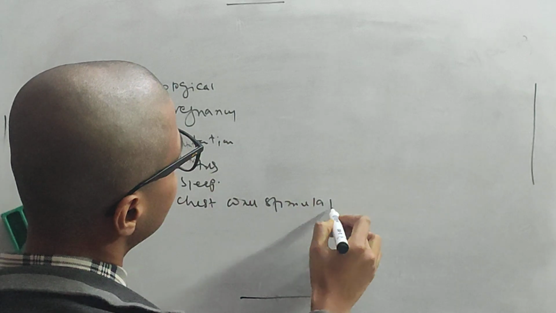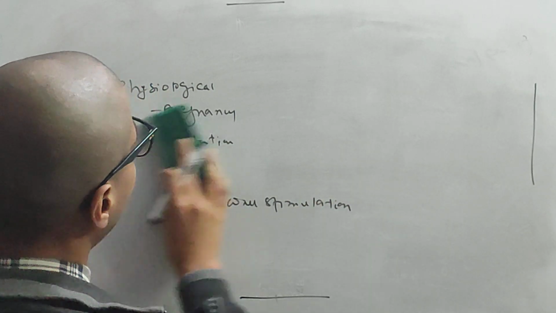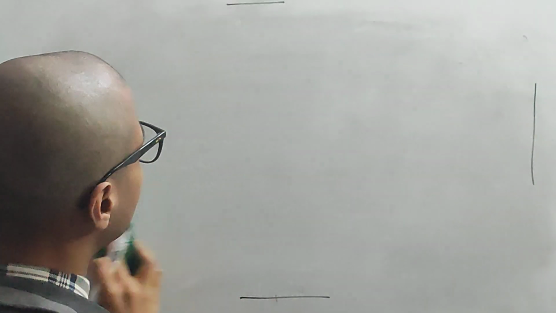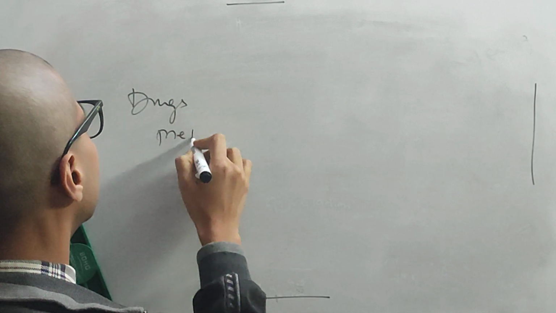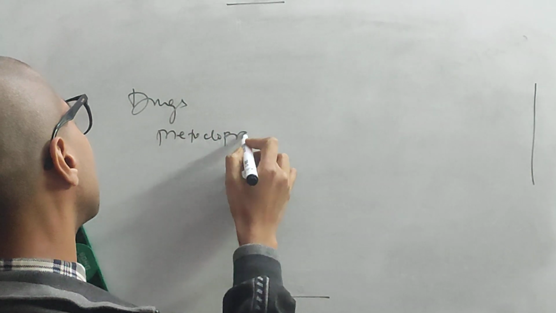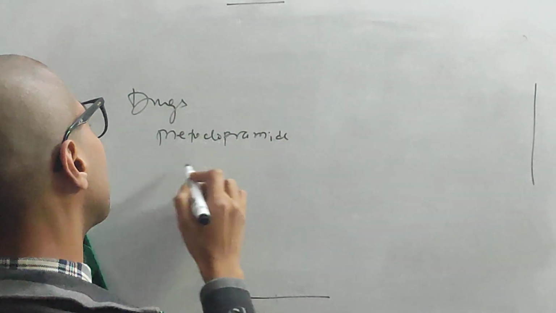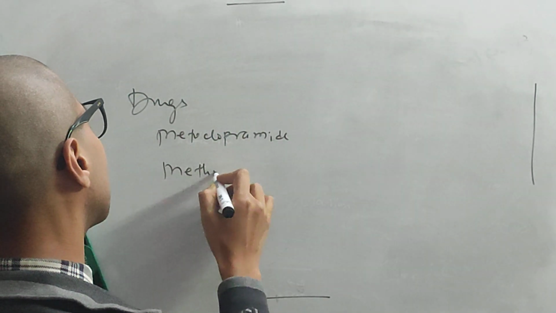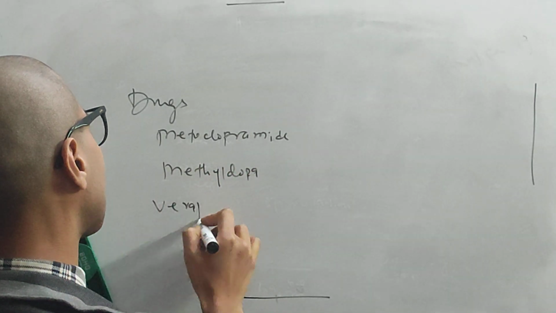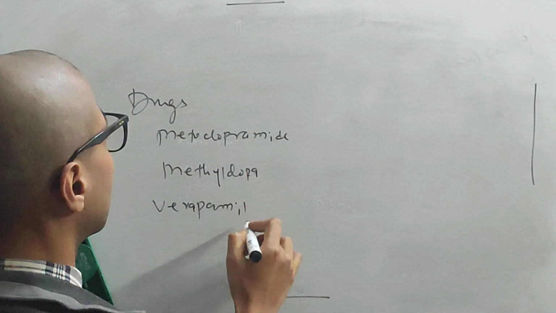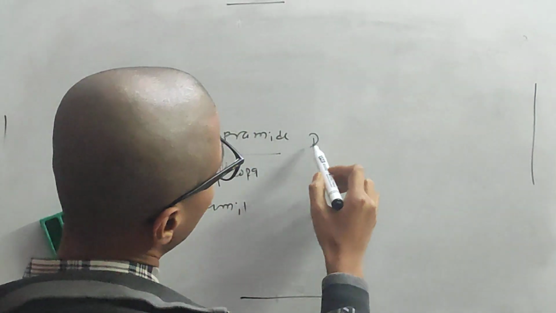In these conditions you can see elevated prolactin, and there are some drugs that cause elevated prolactin, like metoclopramide, methyldopa, and calcium channel blockers like verapamil. So metoclopramide is a D2 blocker.